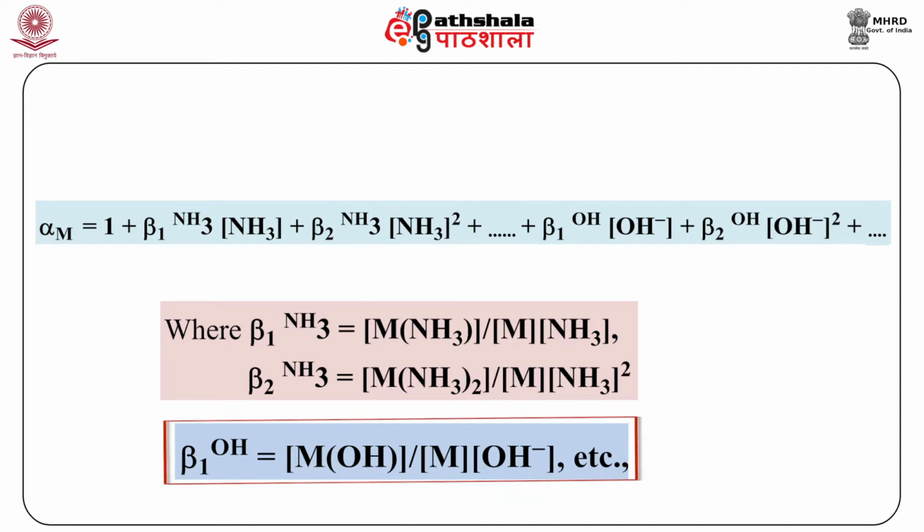Now here beta 1 for hydroxide is equal to the concentration of MOH divided by the product of the concentration of metal M and hydroxide anion.